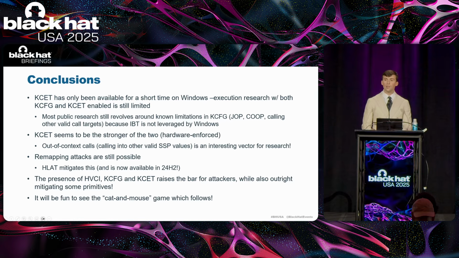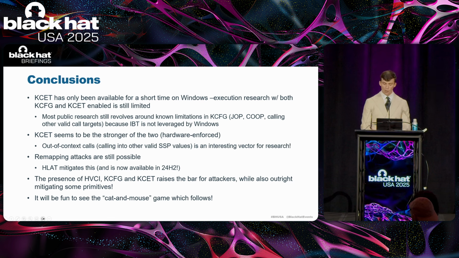But what's stopping an attacker, as an example, from taking a region of memory that's KDP protected and remapping it to a writable page and writing to it? Well, we actually have a mitigation now called Hypervisor Linear Address Translation, or HLAT, which is used through the hypervisor and special CPUs that is available now in 24H2 of Windows that can prevent this remapping, which I've just mentioned.